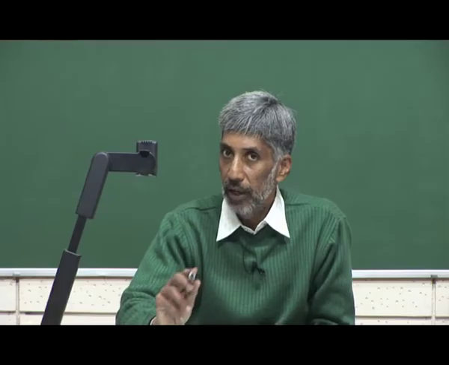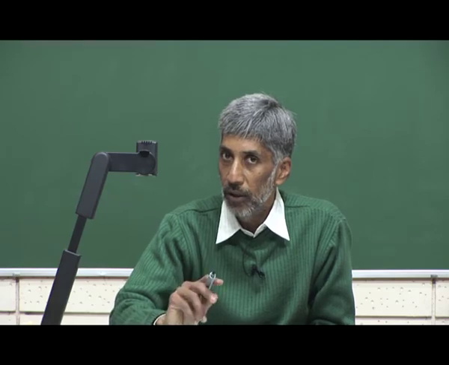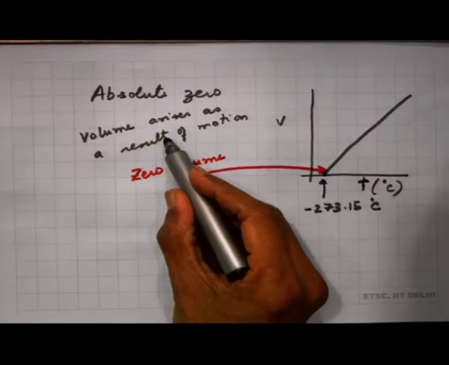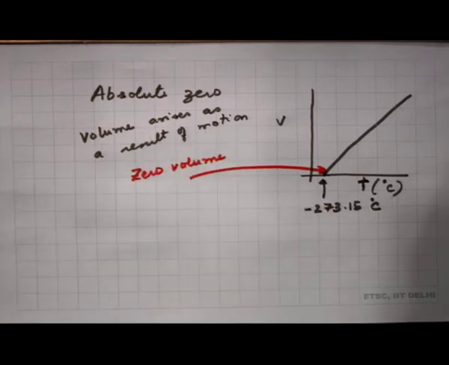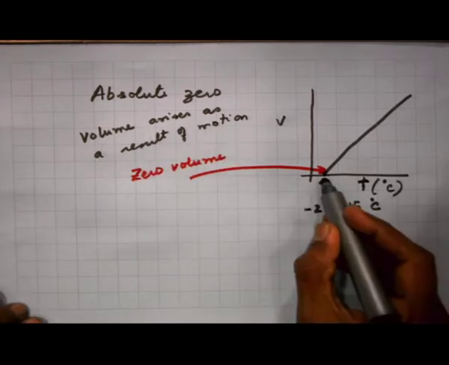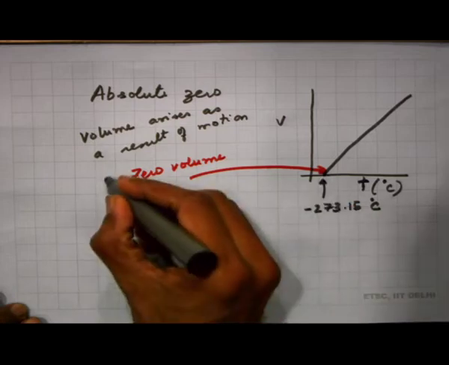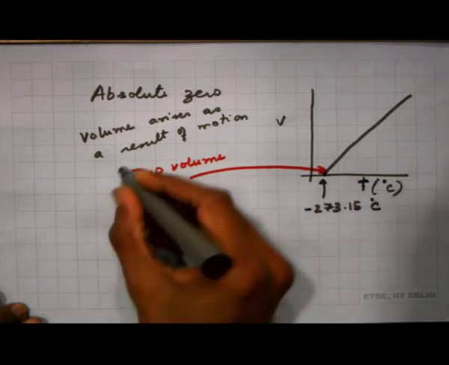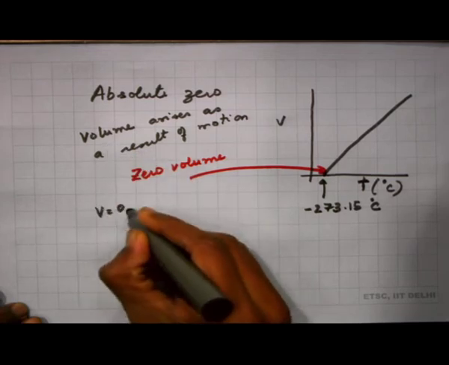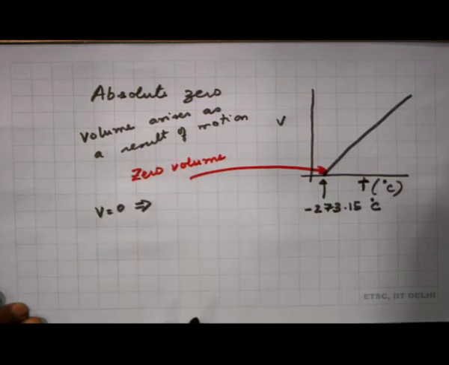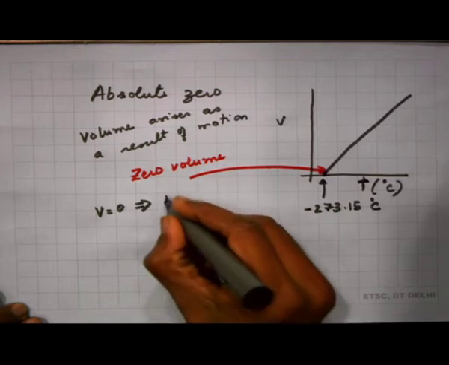Volume has to be greater than or equal to 0, and the volume arises completely from motion. So, what this means effectively is that at this temperature, where volume is equal to 0, there is no motion.